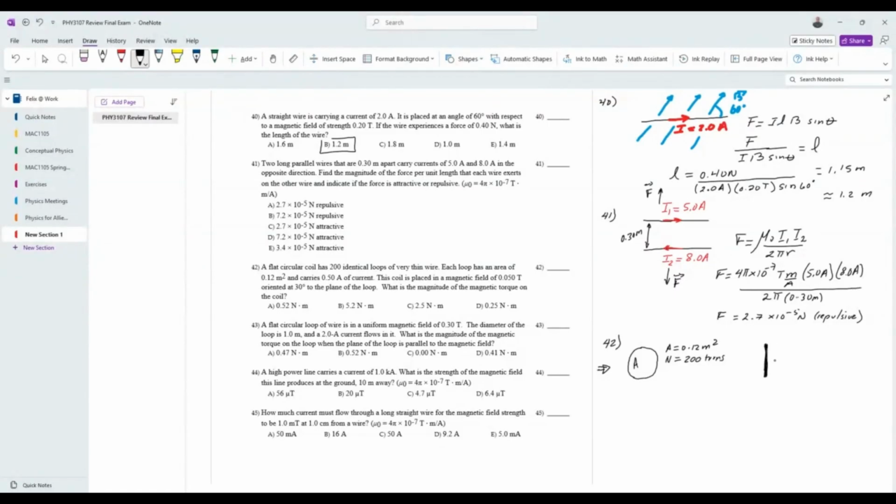So this here would be the normal to the plane of the coil, and that is important when we have coils and areas. The angles are measured with respect to that normal. And then we have the field, and this field is at an angle of 30 degrees with respect to the plane of the loop. So there is a magnetic field here.